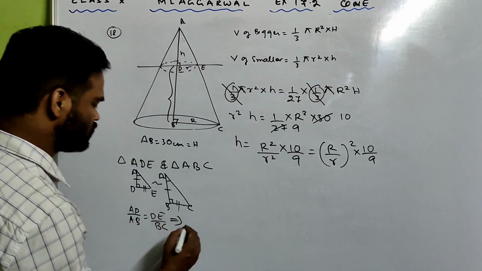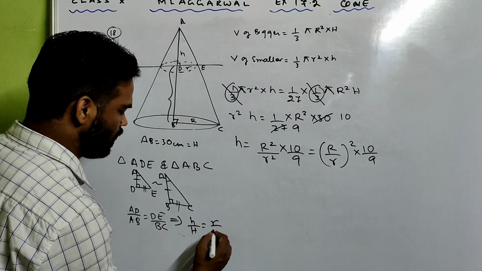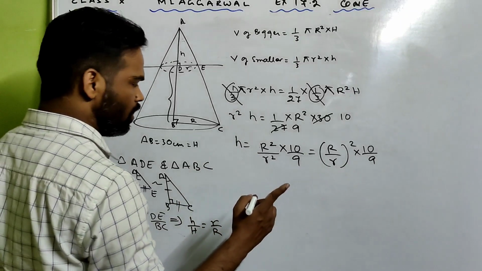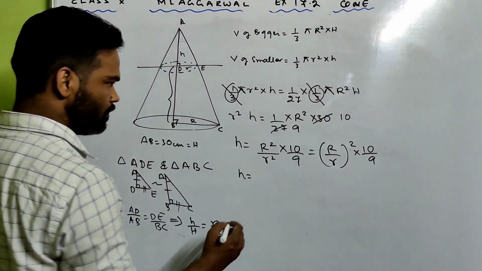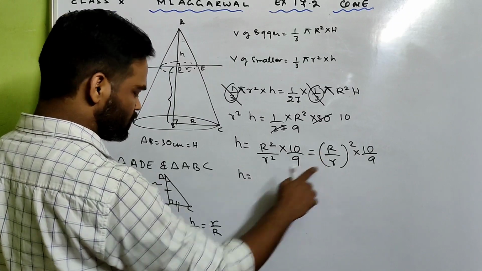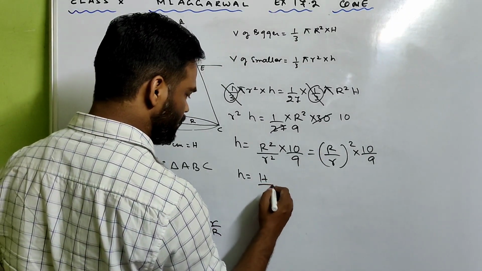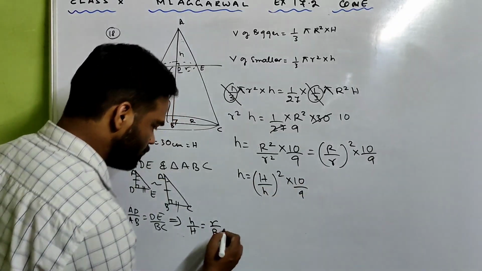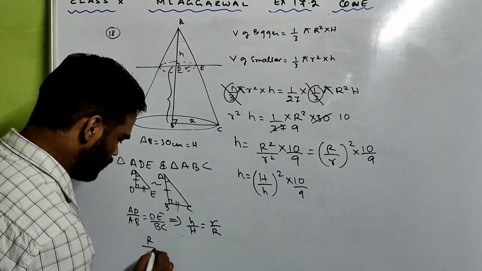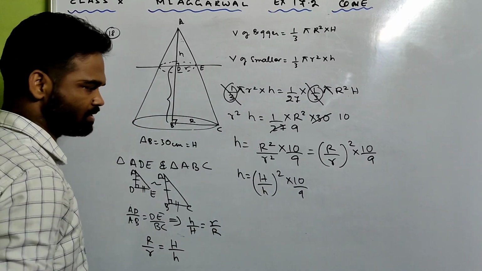Now AD is small h, AB is capital H, DE is small r, this is capital R. Now instead of capital R by small r, can we put capital H by small h? Capital H by small h whole square into 10 by 9. Because of course this is r by r equals capital H by small h. We can do like this.